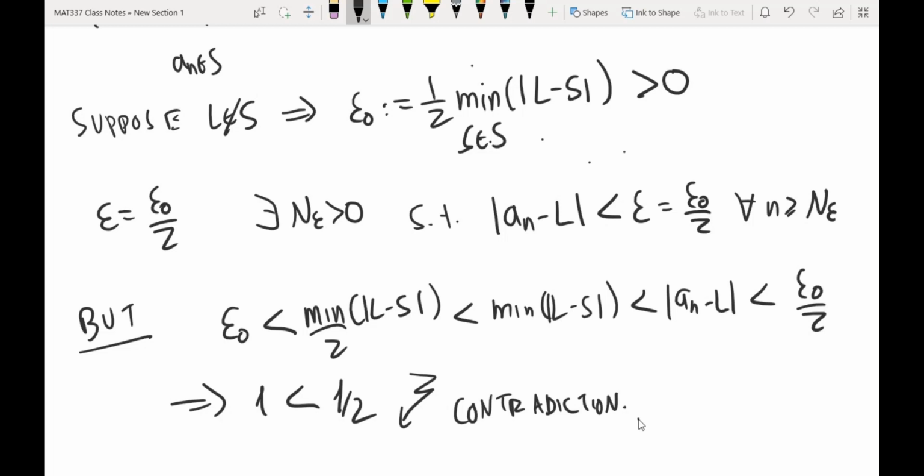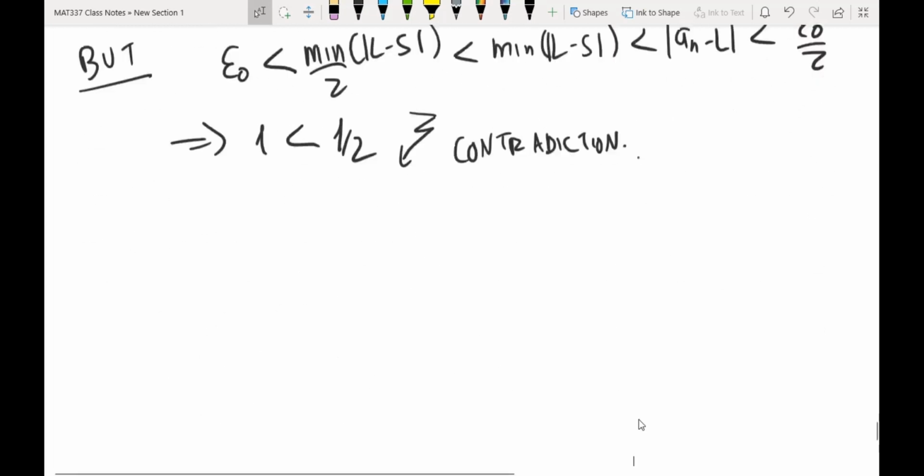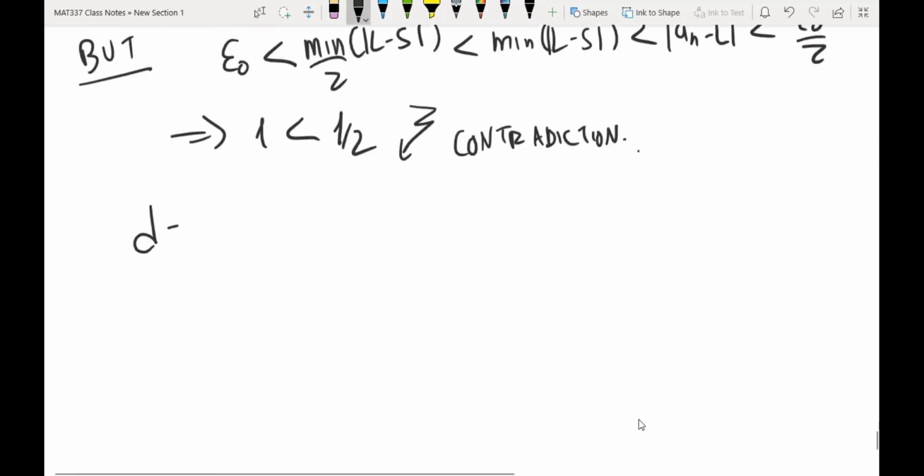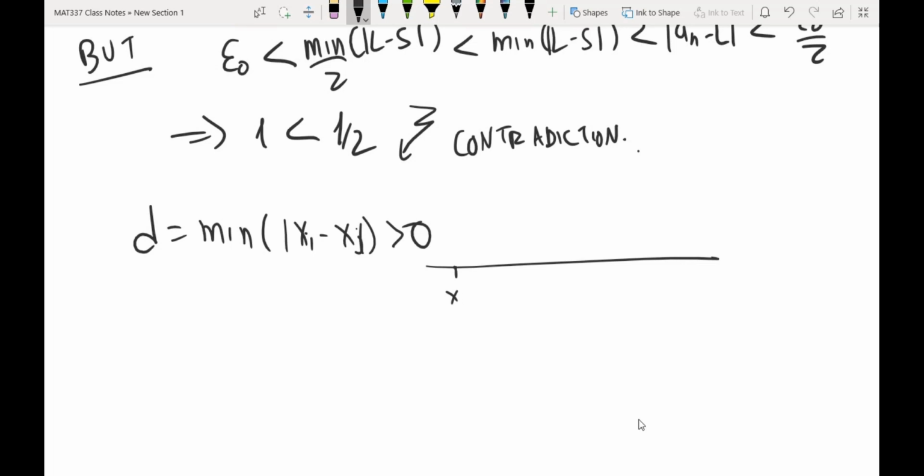Oh, let me see. When you let D be the min of xi minus xj, which is strictly positive, and then you let epsilon be D over 2, that is true because your set is discrete.